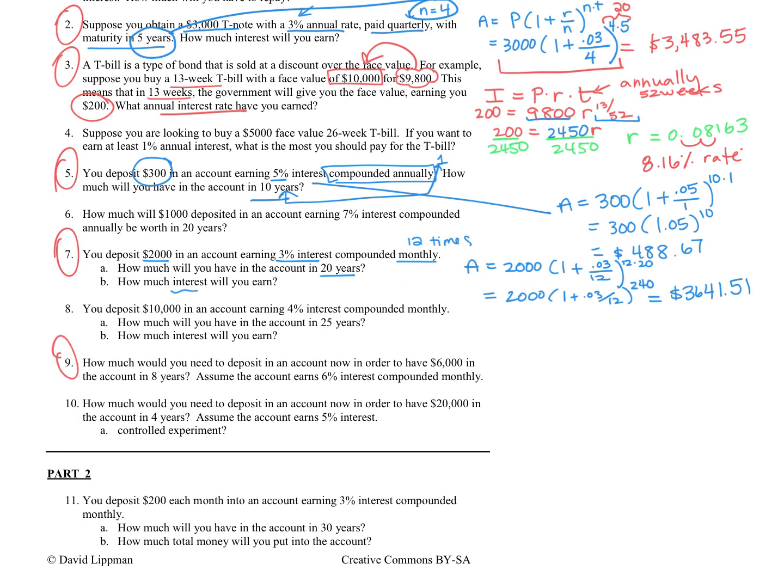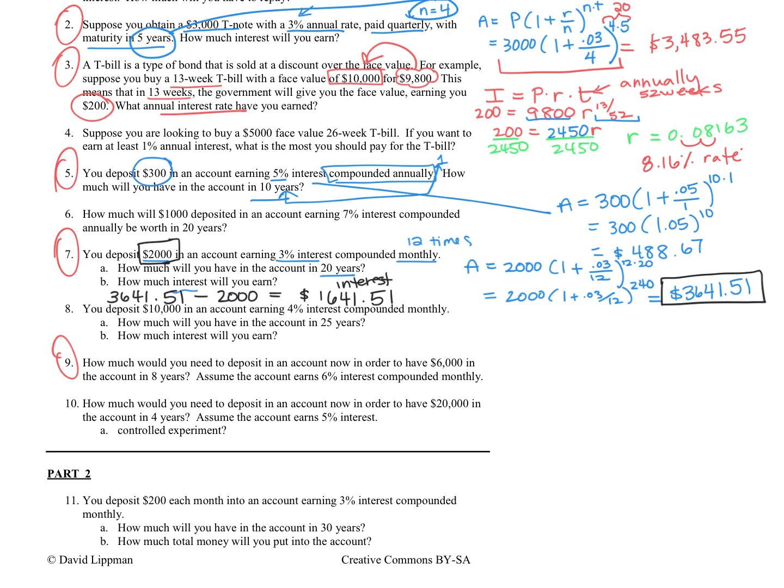And so if this is the amount of money that we have after those 20 years, and we know we started with 2,000, all we have to do is subtract the amount we have earned total minus our initial investment, and it ends up that we will have $1,641.51 in interest.